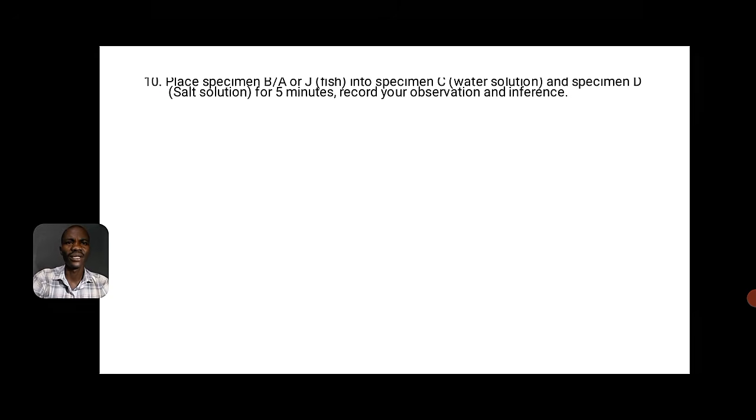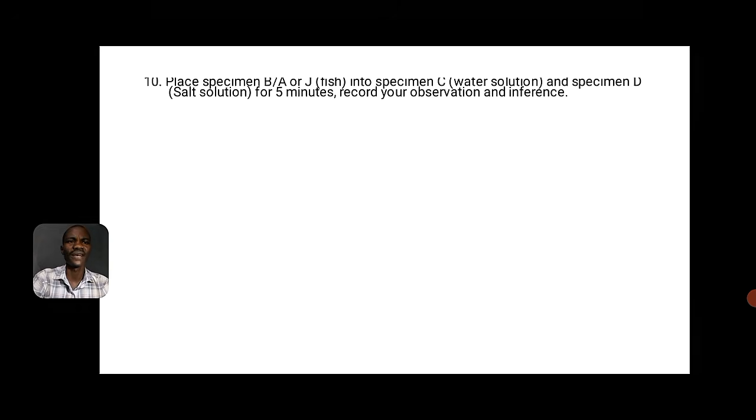Okay, so number 10, place specimen B or A. Specimen B or A is talking about the groundnut seed or the raw groundnut. Either way, they can ask you any one of these. Or specimen J, which is fish, into specimen C. Specimen C is a beaker containing water, and D is a beaker containing salt solution.